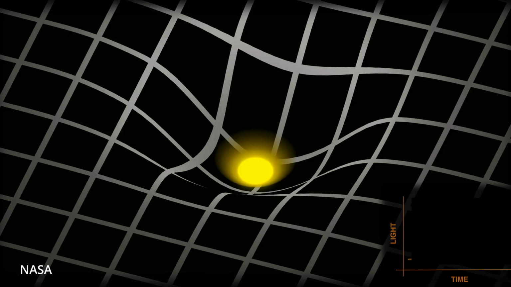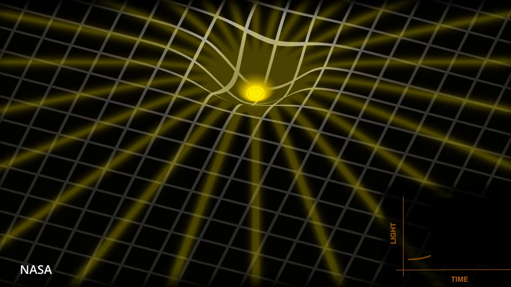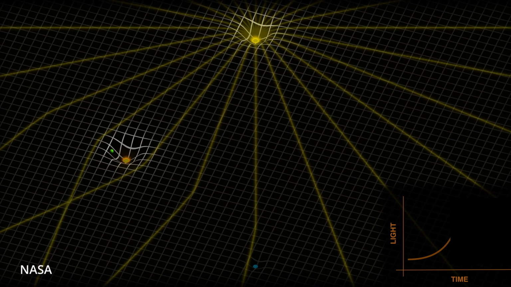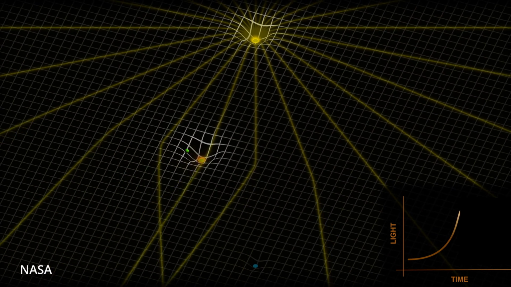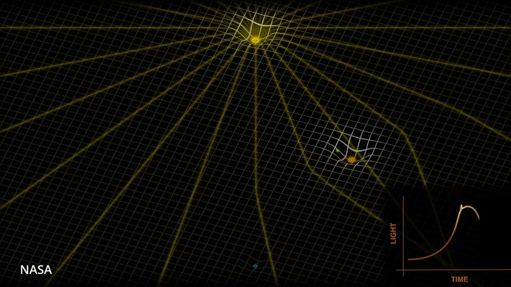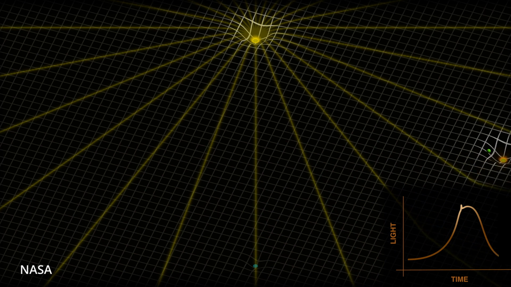Gravitational lenses can also be used to find exoplanets through microlensing. Say we have a planet and its host star aligned with a distant background star. When the planet passes in front of the background star, it acts as a gravitational lens and magnifies the light from the background star. Astronomers monitor the brightness of the background star over time. And when the planet and host star are aligned, the background star appears temporarily brighter due to the magnification caused by the planet's gravitational lensing.